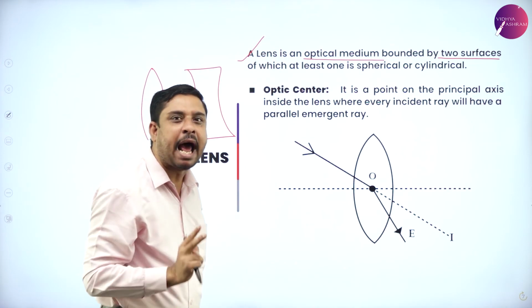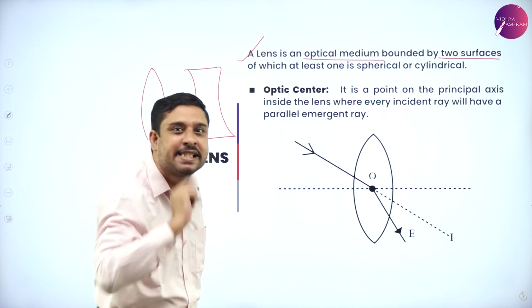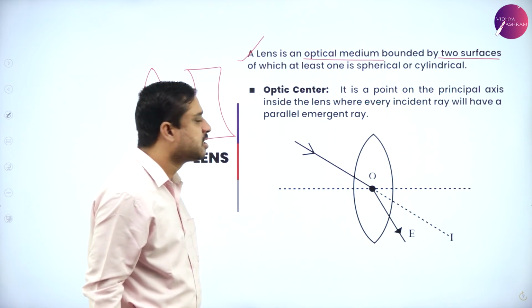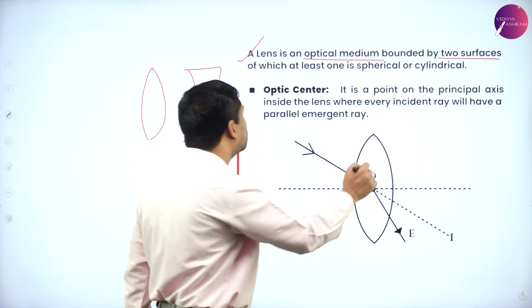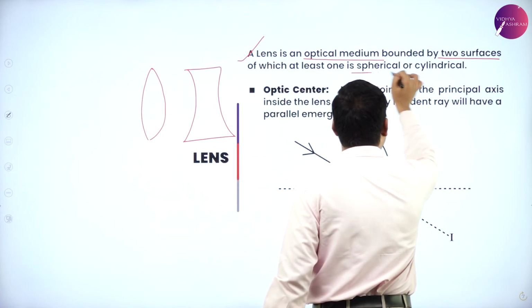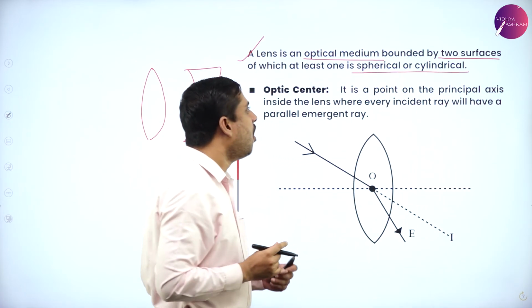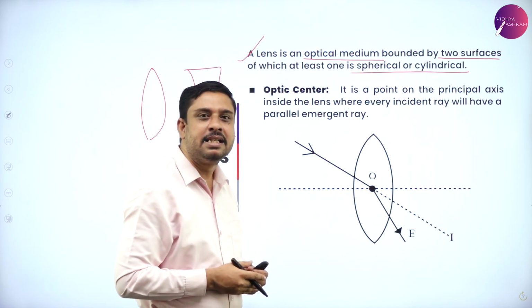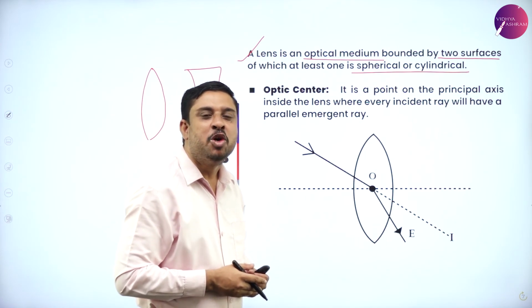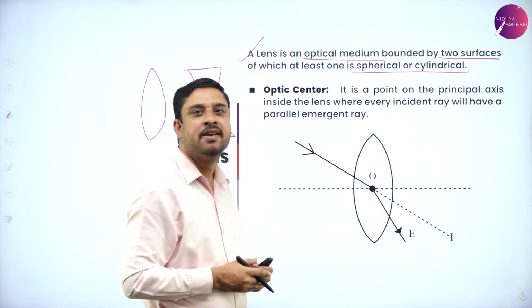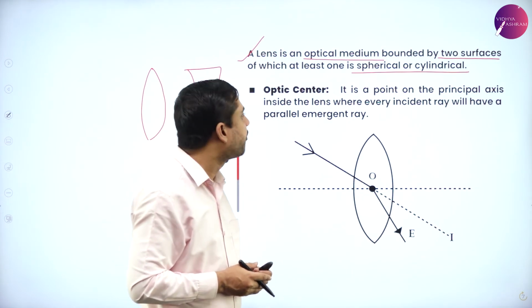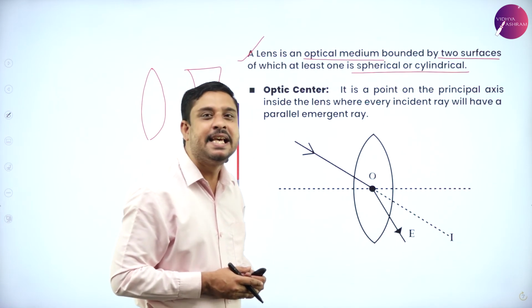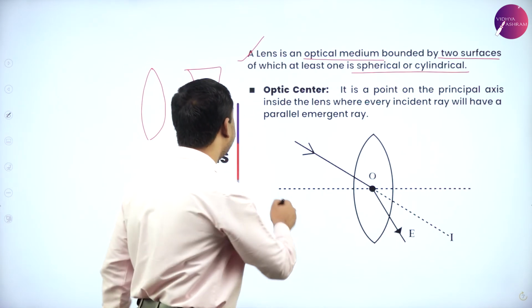So a lens will always have two surfaces, out of which at least one is spherical or cylindrical.